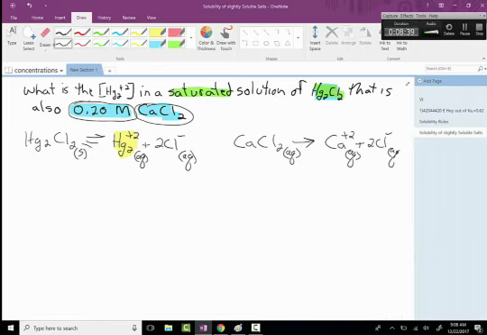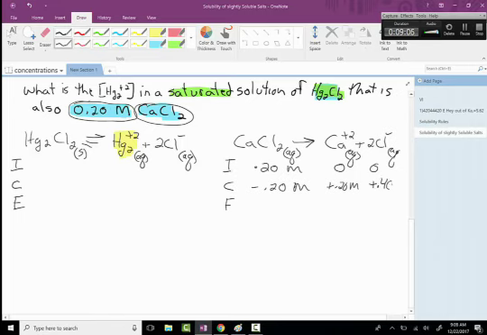It's important. So over here I have an ICE table, and on this side I have an IF table. And I said it was 0.20 molar, 0, minus 0.20 molar, plus 0.20 molar and plus 0.40 molar because I have a 2-to-1 ratio here. So be careful with that. So my final concentrations in here are 0 molar, 0.20 molar, and 0.40 molar.